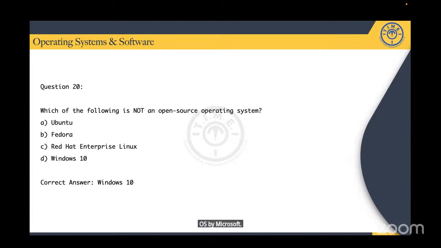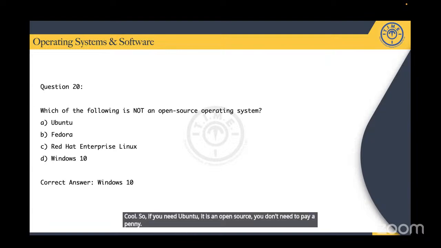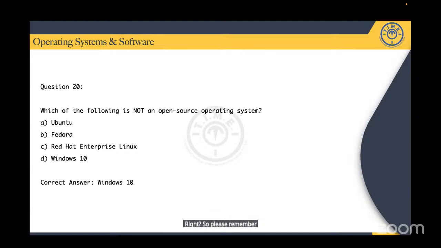But Ubuntu, Fedora, RHEL, I mean Red Hat Enterprise Linux, are Linux-based OS, and it is open source code. So if you need Ubuntu, it is open source, you don't need to pay a penny, right? So please remember the point, Windows 10 is not open source, it's a proprietary OS by Microsoft.